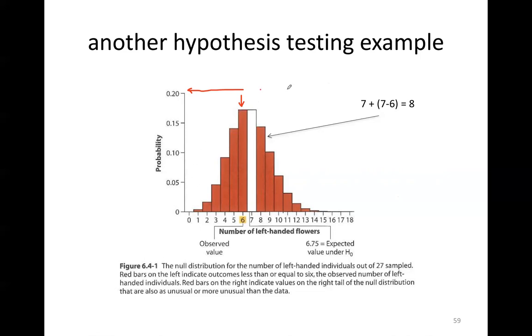And here, this tail is the probability of observing something as extreme as observed or more extreme on the other side of the expected value of the null hypothesis, that's 7.